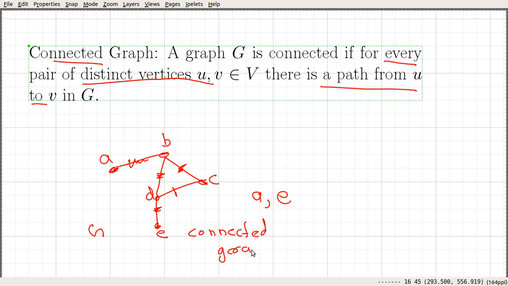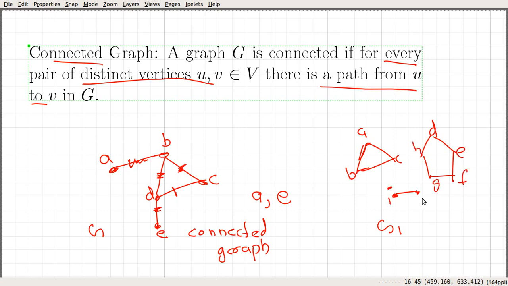So let me give an example of a disconnected graph. Let's consider this graph. Let me call that G1 and label it as A, B, C, D, E, F, G, H, I, J. This is an example of what is called a disconnected graph.